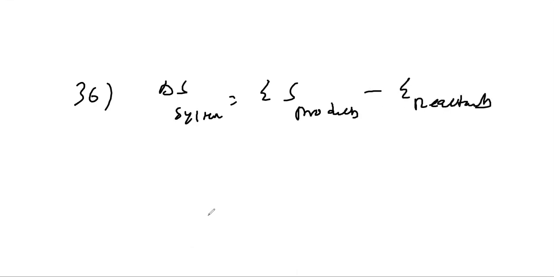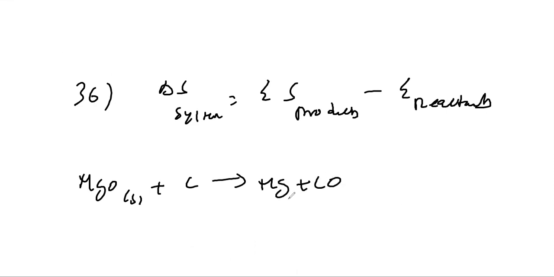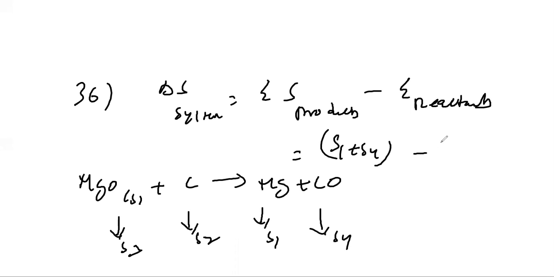Here MgO solid plus carbon gives rise to Mg plus CO. Here you take this as S3, this as S2, this as S1, this as S4. Products are S1 plus S4 minus reactants S3 plus S2.